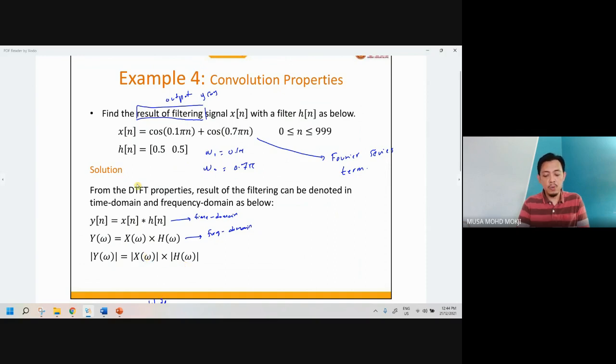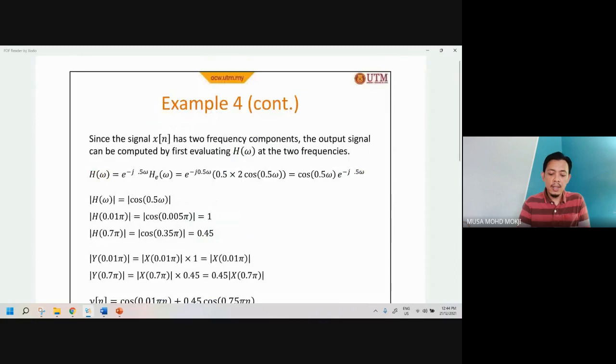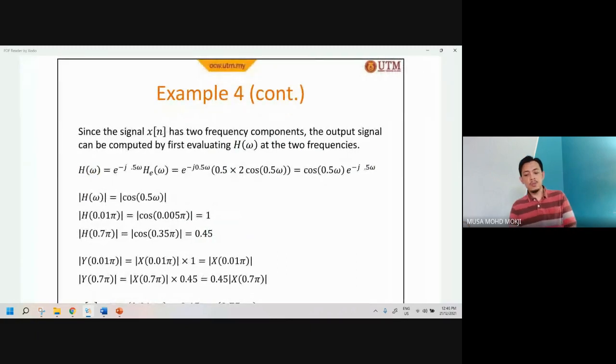The magnitude of the input signal and the magnitude of the impulse response should be multiplied in frequency domain. So this was a convolution, now it becomes multiply. Since the signal x[n] has two frequency components, the output signal can be computed by first evaluating H(omega) at the two frequencies. So we need to find that.